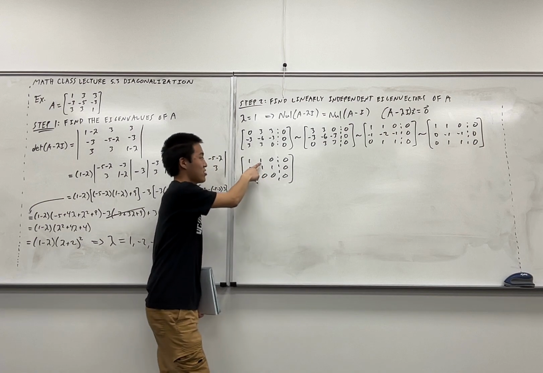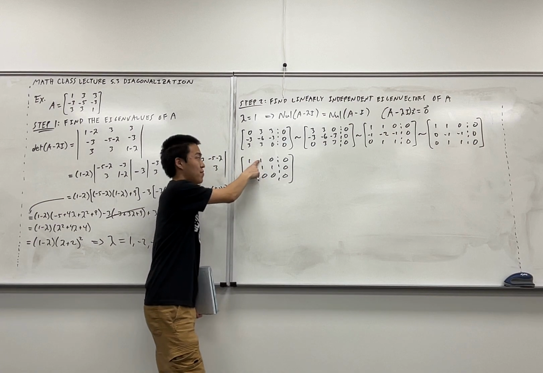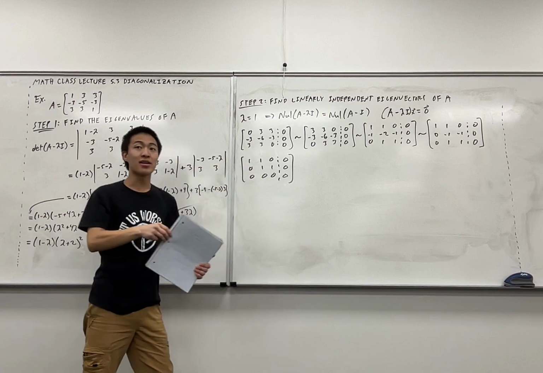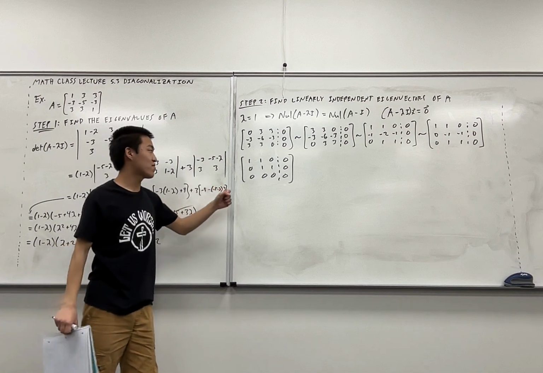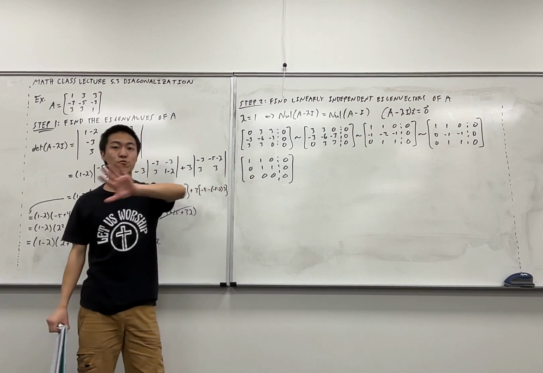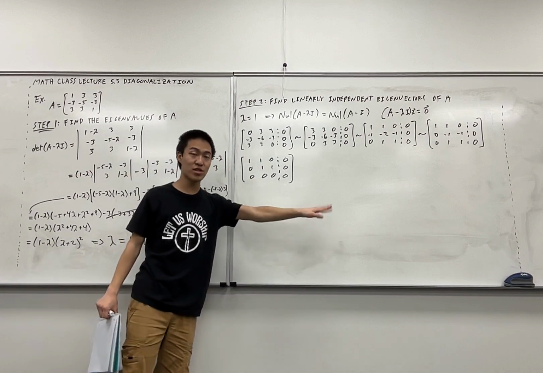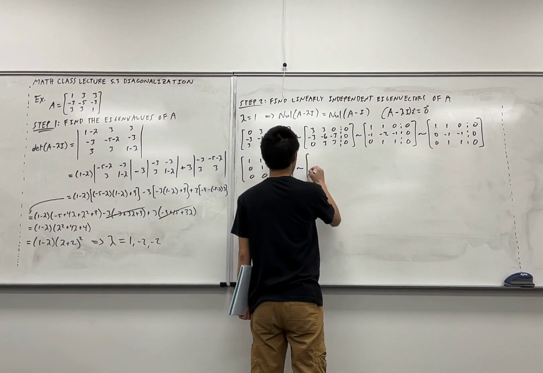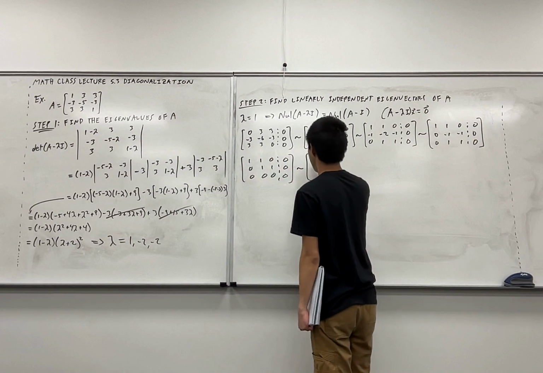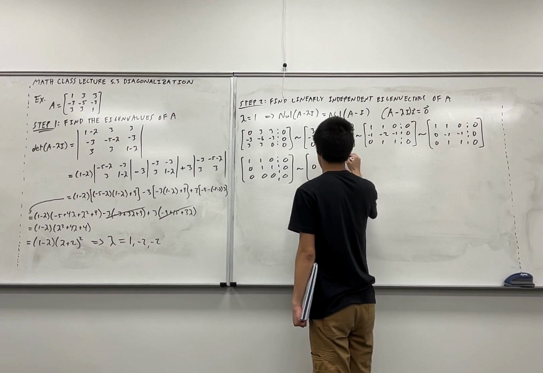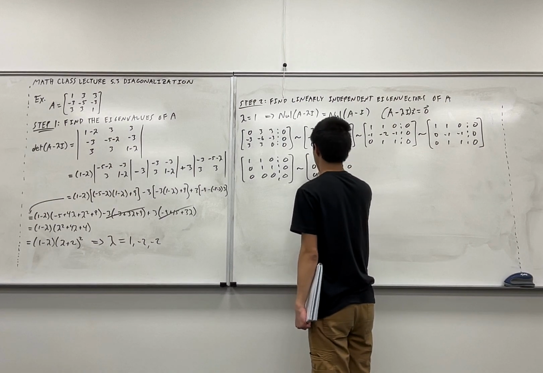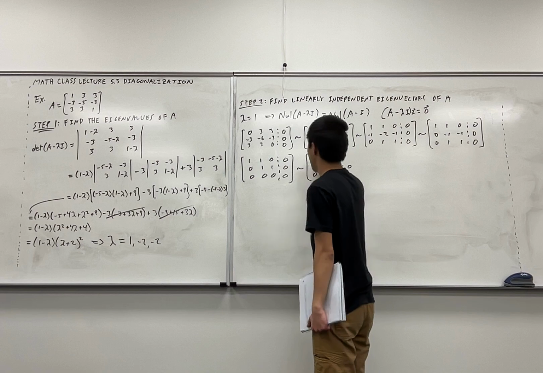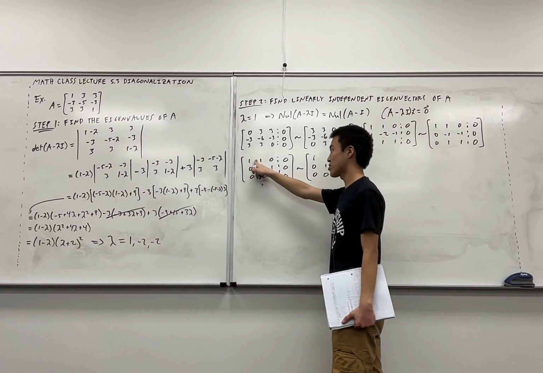The only thing we need to make sure is we get rid of the one above here. Because remember, if you're trying to find the basis for a null space, you have to row reduce all the way. That's very easy to do because it's just 1. So the second row is unaffected, third row is unaffected, and then I'll just take the first row and subtract that.